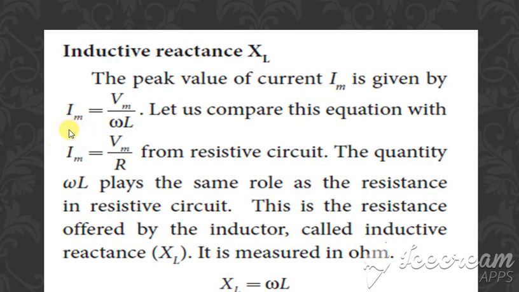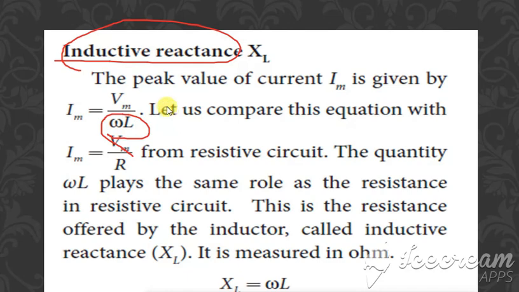Vm divided by omega L, where omega L is like the R from the resistive circuit. We write this omega L as XL, where XL represents the inductive reactance.